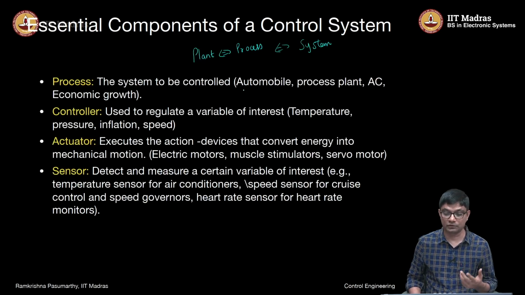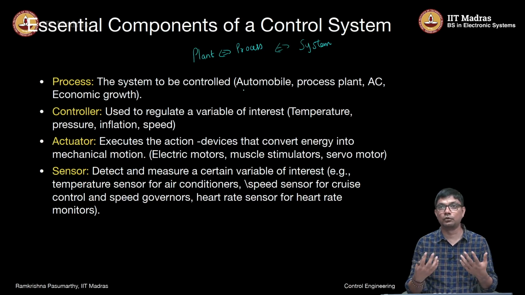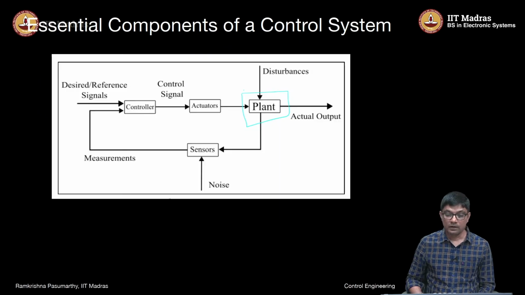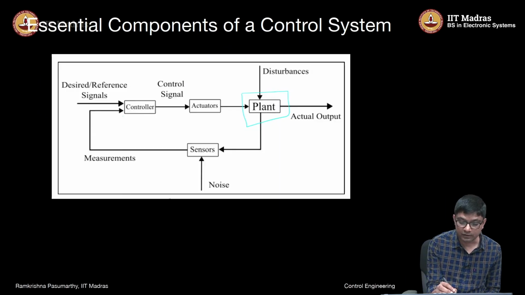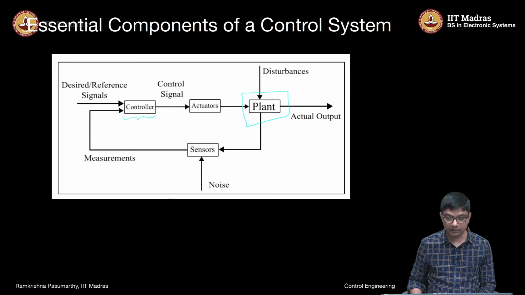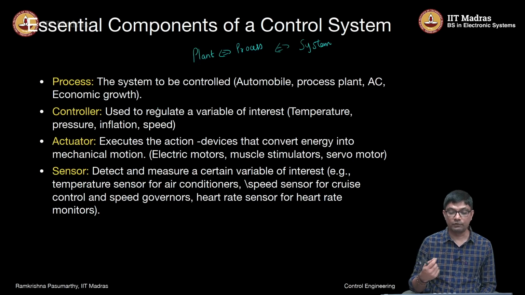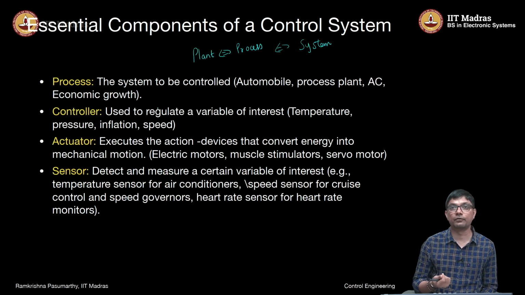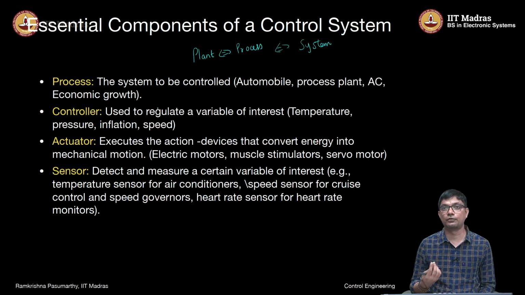This could be several things. This could be an automobile, a process plant, a room with an air conditioner, economic growth, and so on. Then I have a controller. The controller will be used to regulate a certain variable of interest: a temperature, pressure, inflation, speed of a car, and so on.